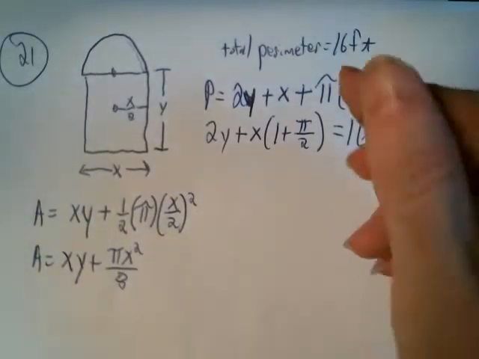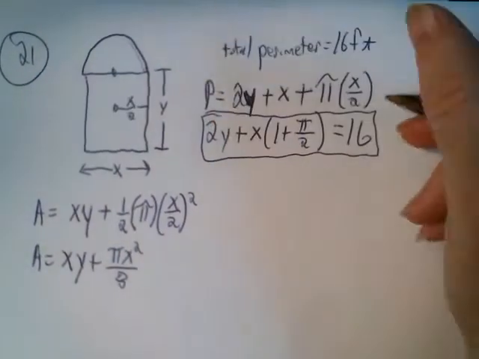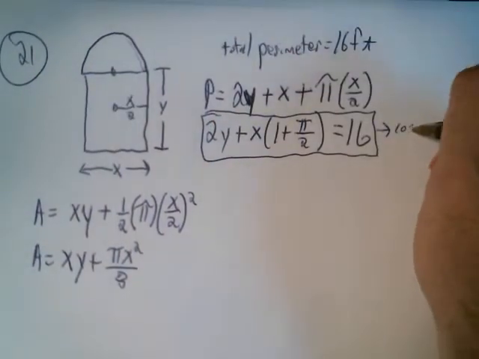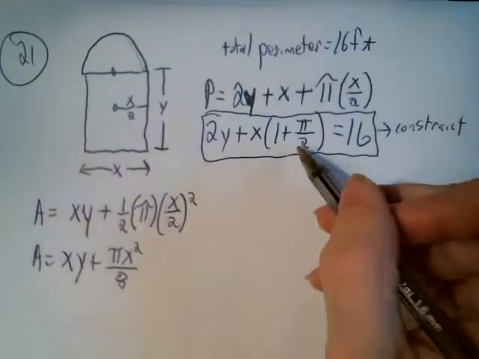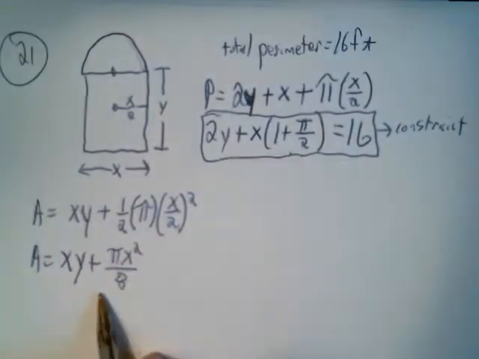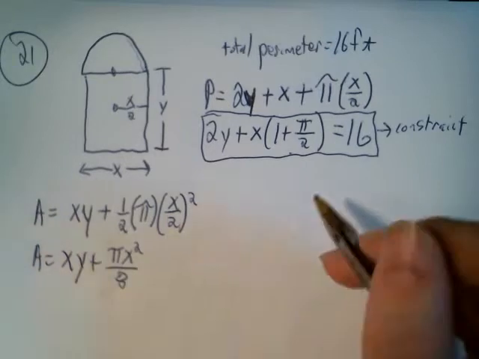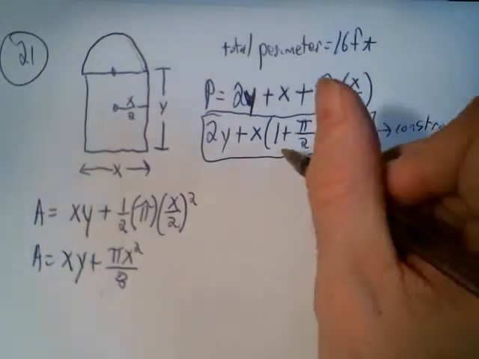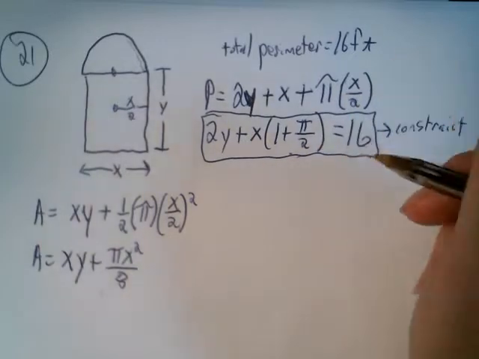So we want to use the constraint formula to simplify the area formula, so put it into one variable and then take the derivative. In order to do that, I need to solve this equation for one of the unknowns, and I'll just solve for y.